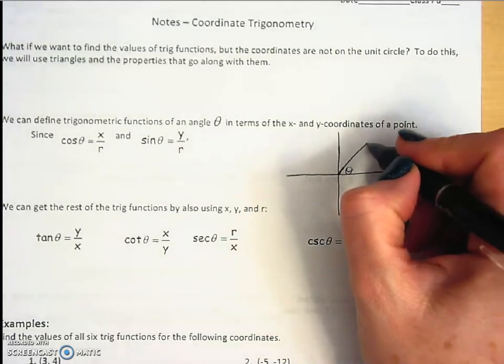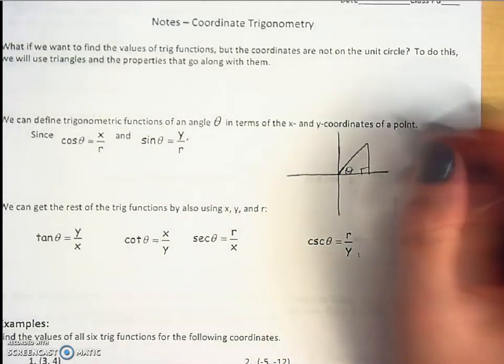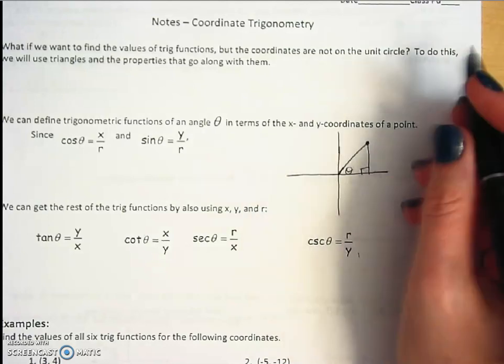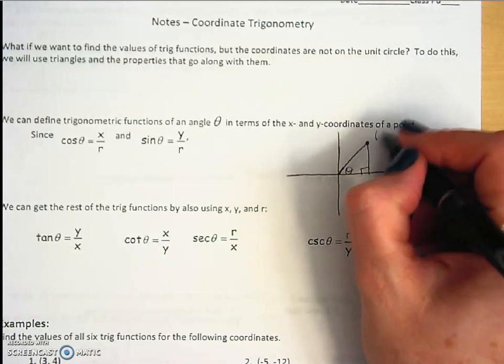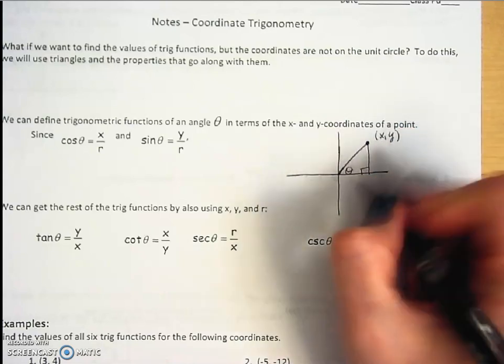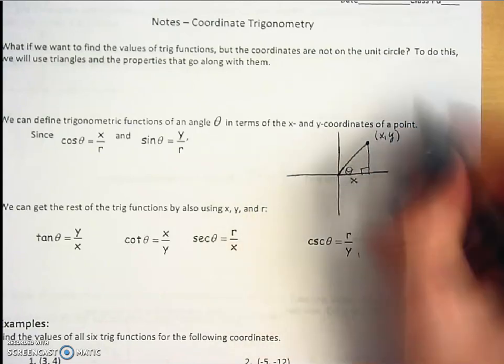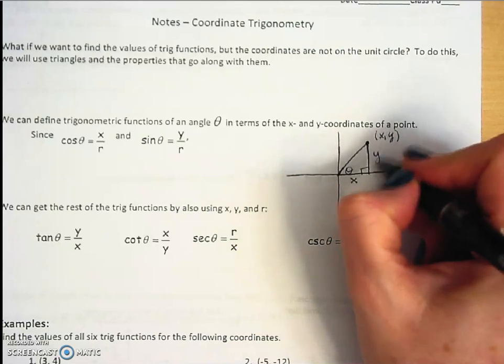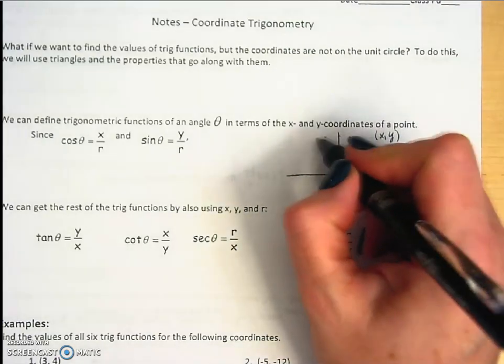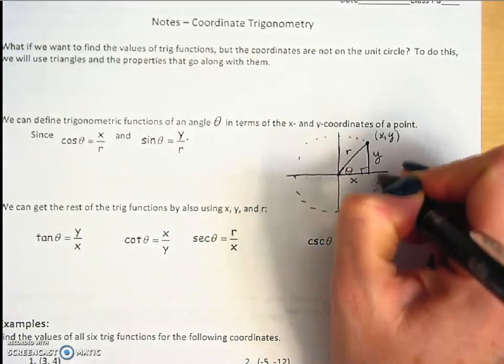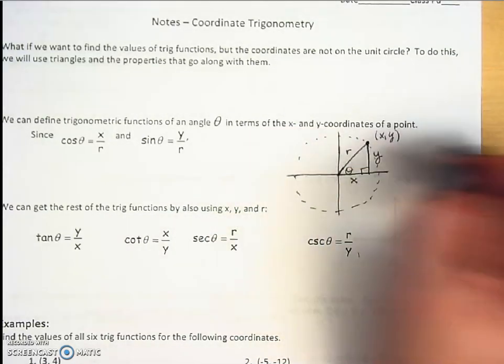And if we create a right triangle, this point right here at the end of the segment does have an XY ordered pair, where this is my X direction, and this is my Y direction, and this is the radius. So if you take this point right here and just extend a circle around, then the hypotenuse is the radius.